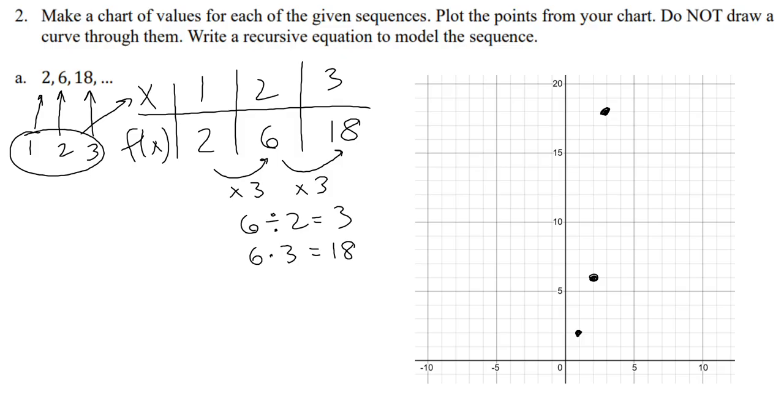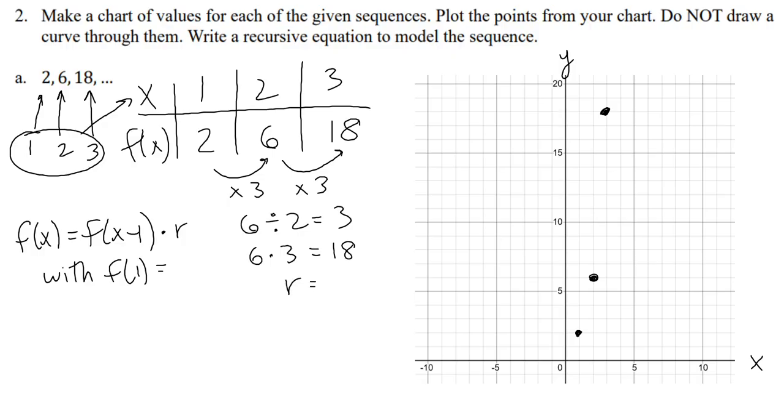And so our equation here should be f of x equals f of x minus 1 times our common ratio. And then normally it's with f of 0 or f of 1 equal to something. Since we don't have an f of 0, we'll use f of 1.